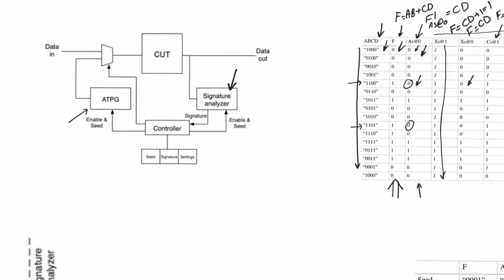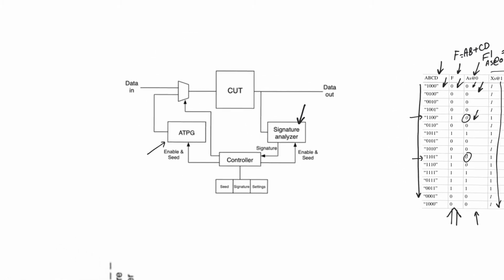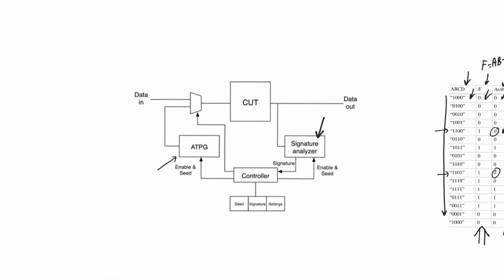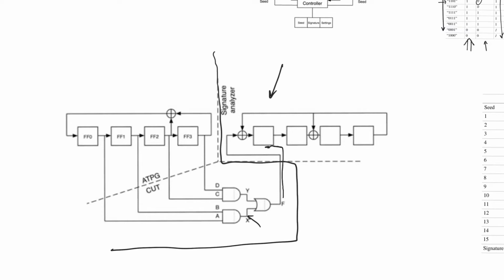What we have here though with the signature analyzer is a little bit more involved. So for this circuit, the circuit under test has 4 inputs. We did examine this part of the setup in the earlier video with the ATPG and the circuit under test. You can see here the remaining part, which is the signature analyzer, and it's just being fed the output of the circuit under test.